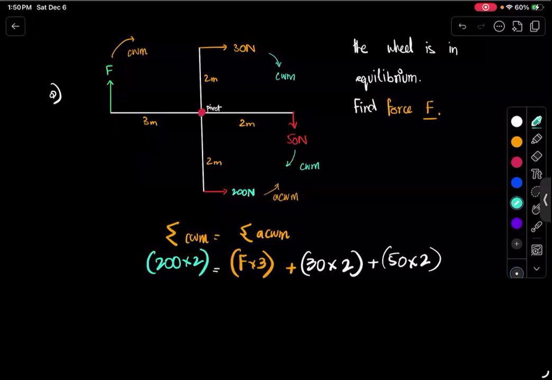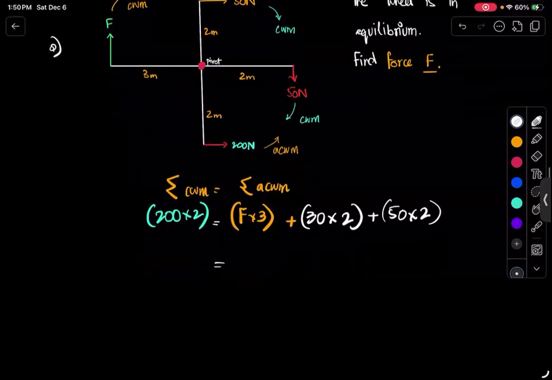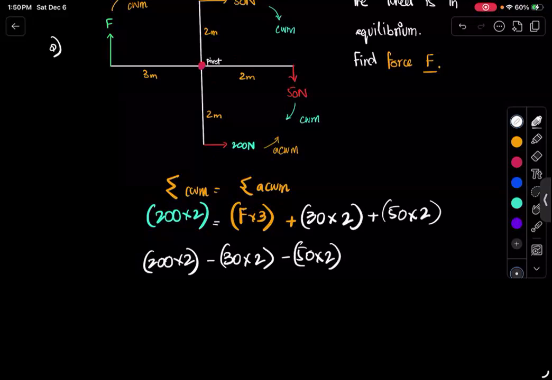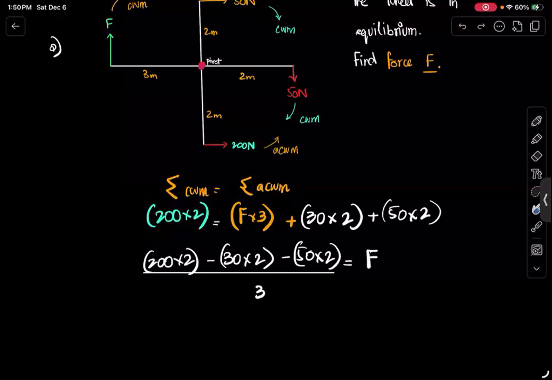So this would be 200 into 2 minus 30 into 2 minus 50 into 2, divided by 3, which equals F. And that's how you find out what the force F is. Pretty simple example. Shouldn't be a problem at all.